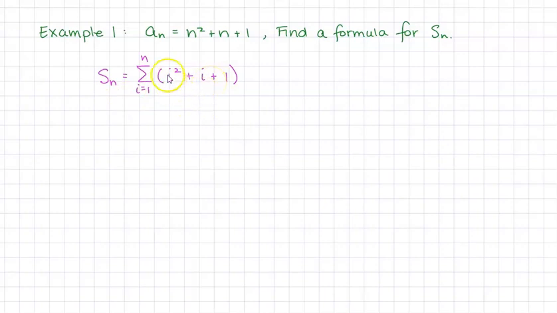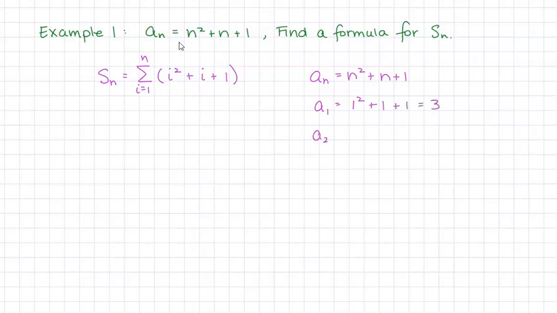Now the other thing is, why can I do this? Why can I just put this formula as my argument? Well, if you think about it, it's actually pretty simple. So let's take a look at this first. a sub n equals n squared plus n plus 1. That means the first term is 1 squared plus 1 plus 1, which is just 3.